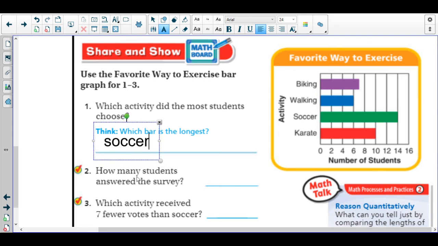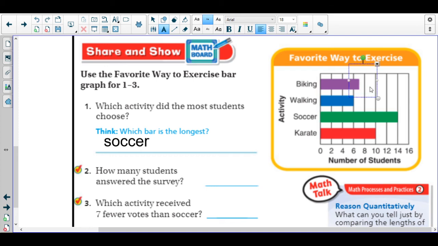Soccer. How many students answered the survey? Wow. What a great question. Well, to first of all figure this out, we have to figure out how many people in each category here. So we had a bike. All right, 6, 8. This was in between.